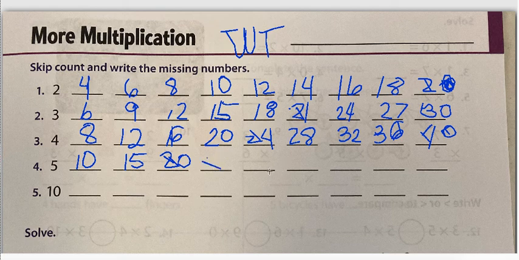Oh, I'm not going to write that down. I think I'm going to stop. My pen is not listening. Let me try again one more time. There we go. Seems like my pen's getting scared. 25. And then we have 30. And we have 35.